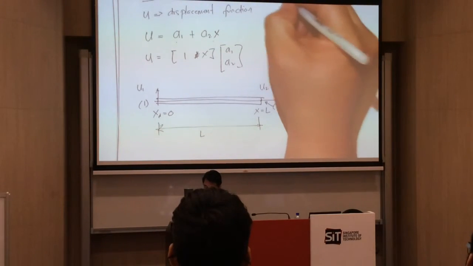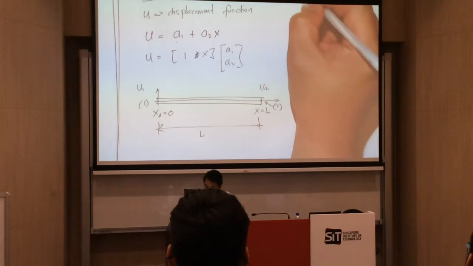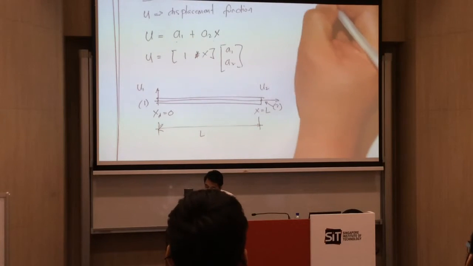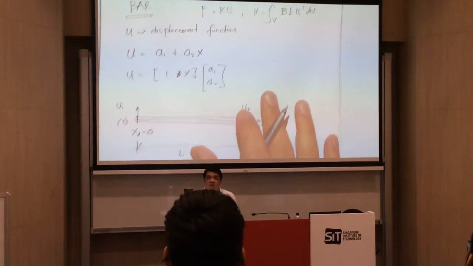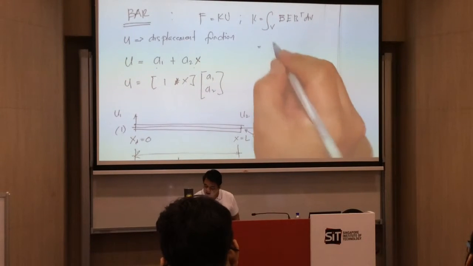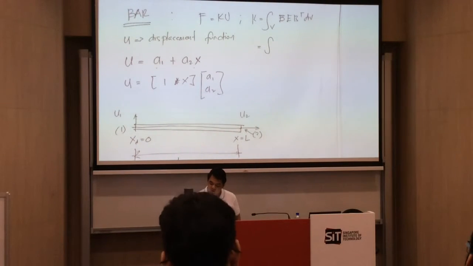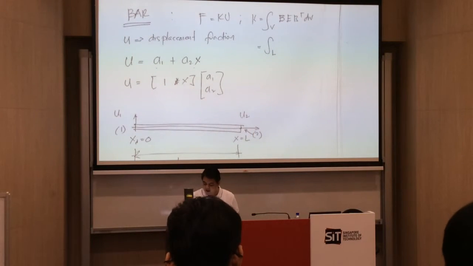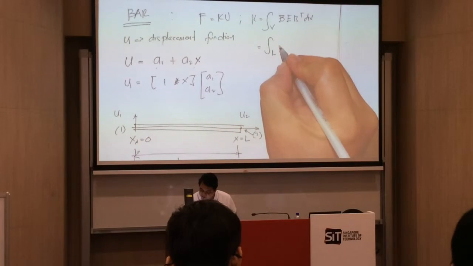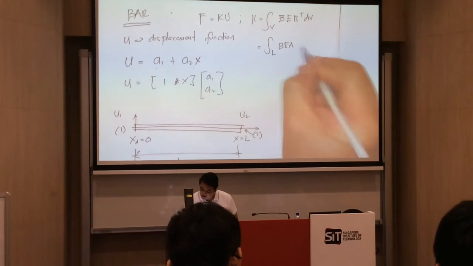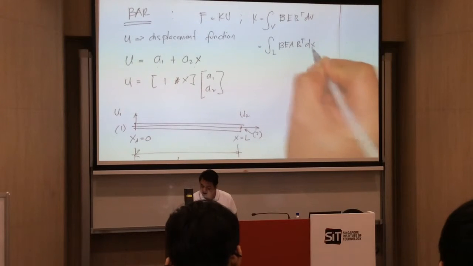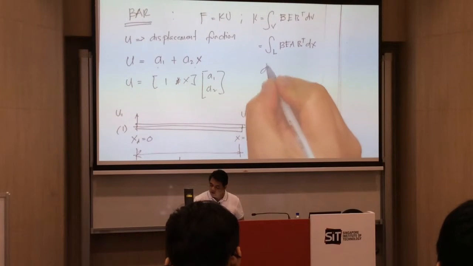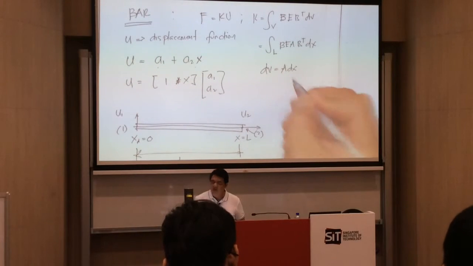Take note, for a bar, this is the volume integral of B transpose E B dV. Rather than integrating with respect to the volume, you integrate with respect to the line, so this will be equal to the integral of B transpose EA B dx, wherein, of course, we know that dV is equal to A dx.